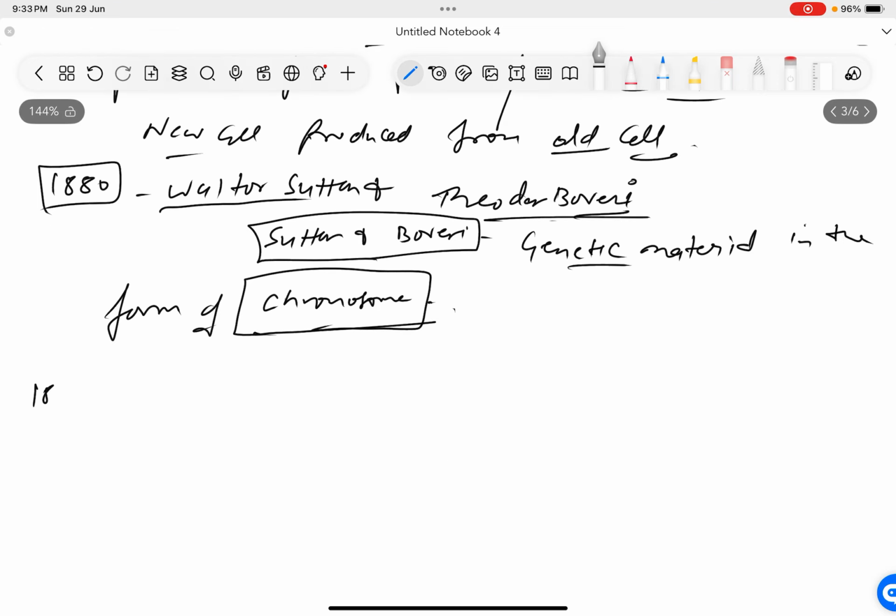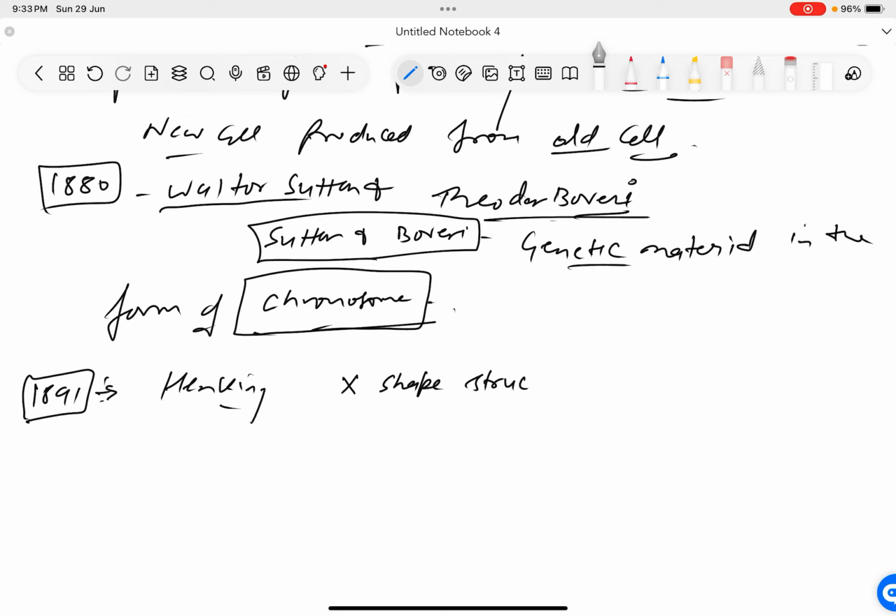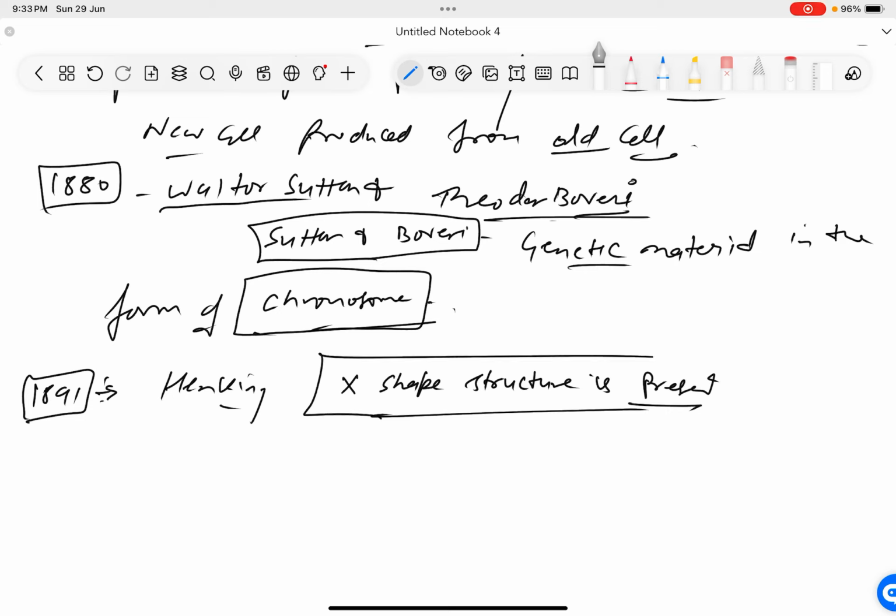In 1891, a scientist known as Henking found that inside a cell an X-shaped structure is present, which is known as the X body.